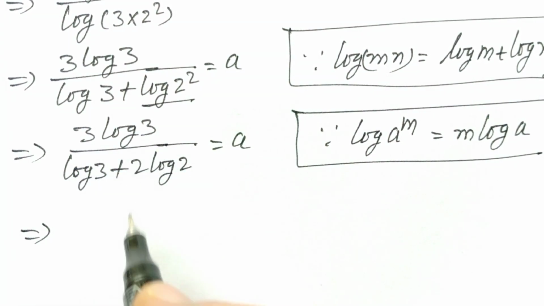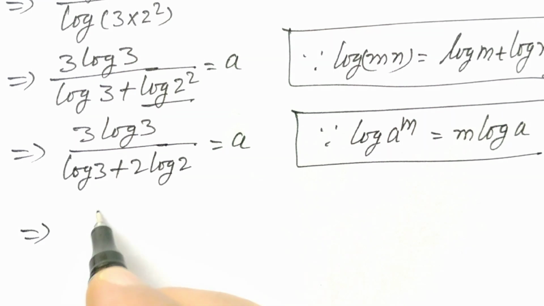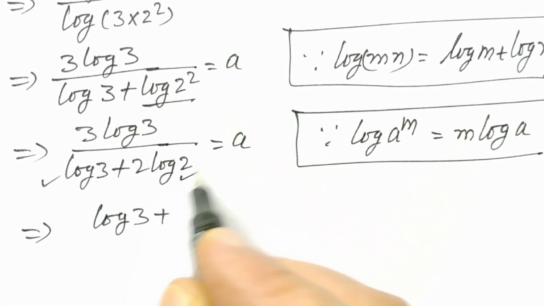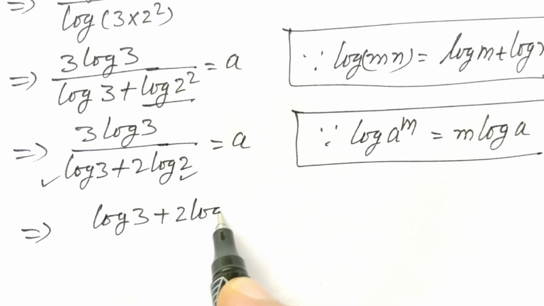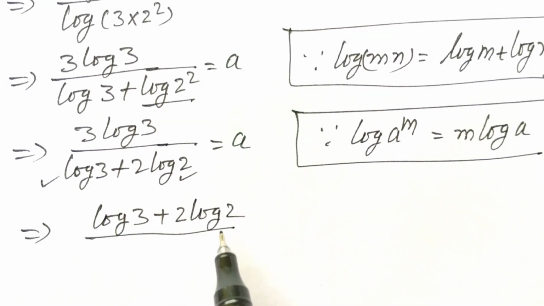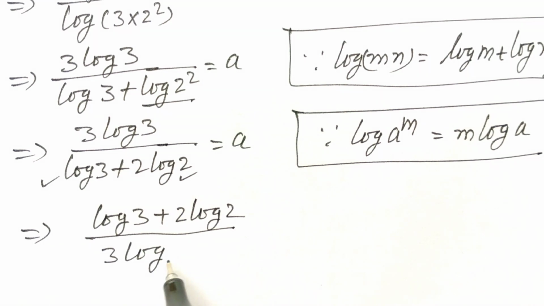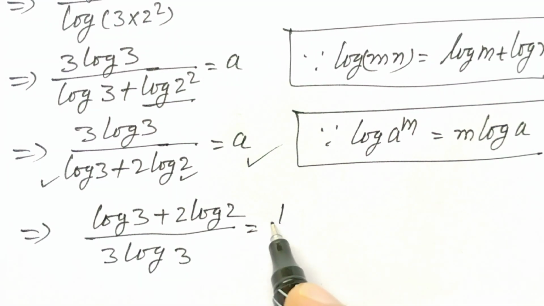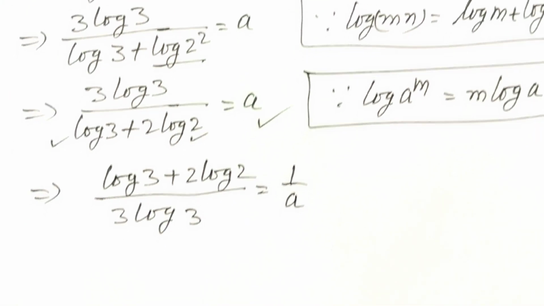Now we can write this as log of 3 plus 2 log of 2 over 3 log of 3. So this will also get reversed, 1 over a, right?